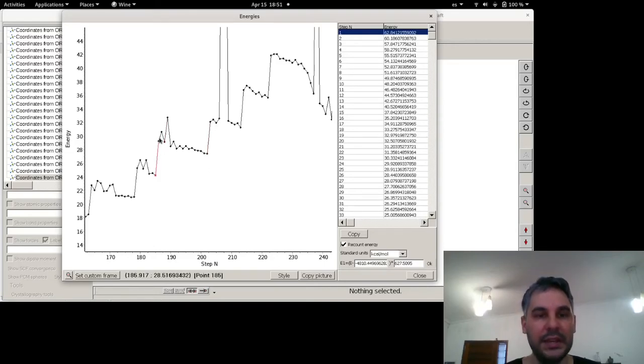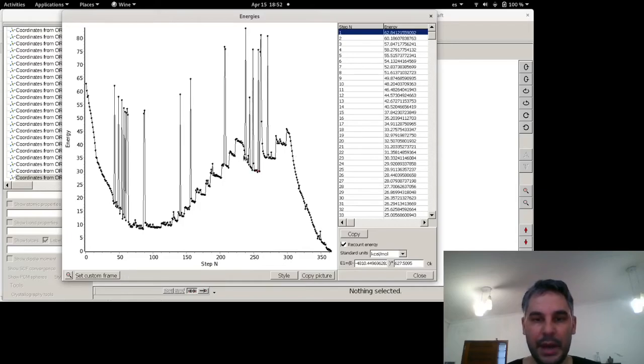So we see here that more or less we are taking around 6 to 8 or 10 cycles to converge. So this may be a good compromise if you have a large system. If we look at the minima and we plot, we could probably find a relatively good guess for a transition state optimization.